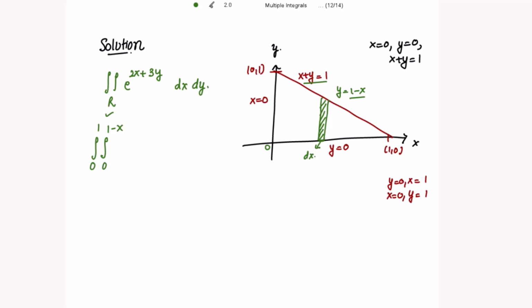Right? What happens if you take x equal to 1 minus y? Then your x is in terms of y, which means your integral becomes from 0 to 1 minus y, and your y will be from 0 to 1, because in that case the strip will be parallel to the x-axis, since y1 and y2 are then constants.